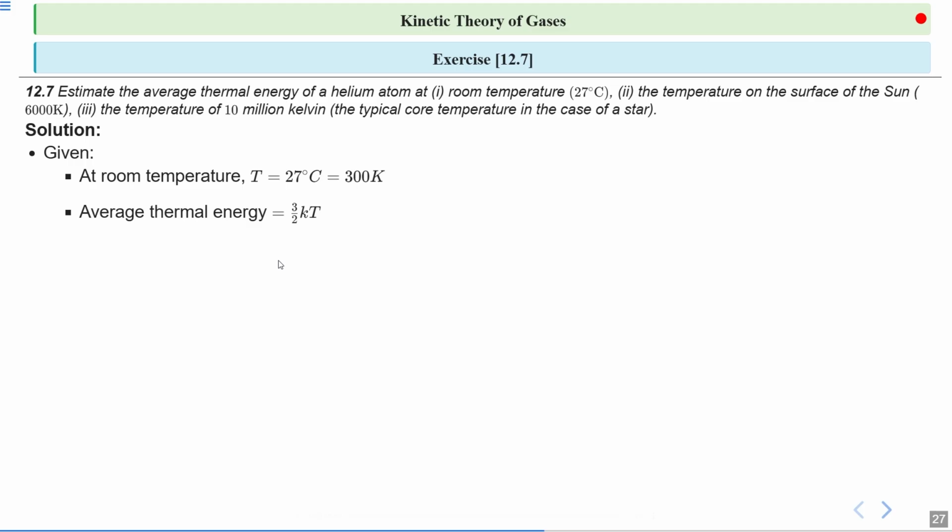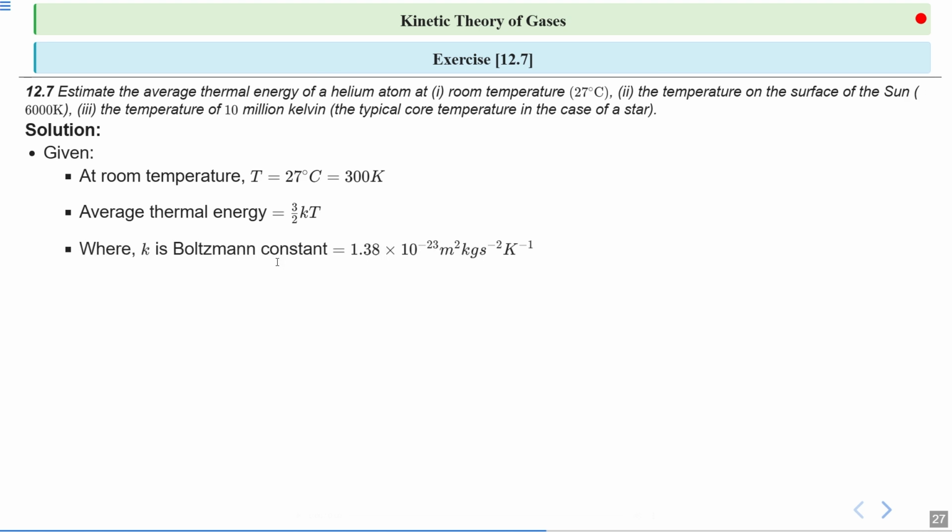So average thermal energy is equal to 3/2 kT. Here k is the Boltzmann constant, which is a fundamental constant in physics. Its value is 1.38 into 10 raised to the power minus 23 meter square kg per second square per Kelvin. This constant relates the average kinetic energy of particles in a gas with the temperature of the gas.